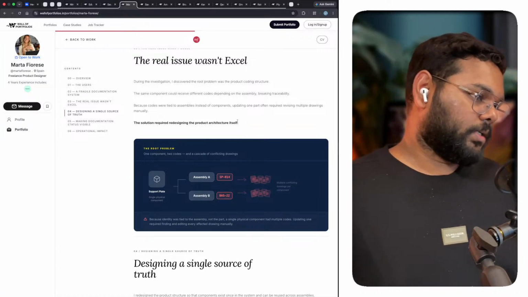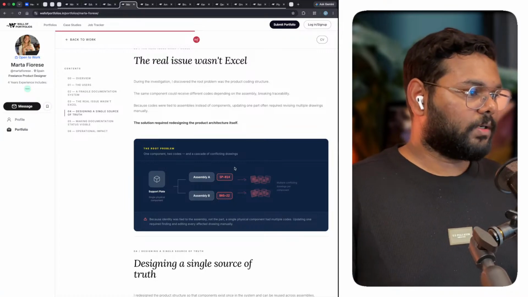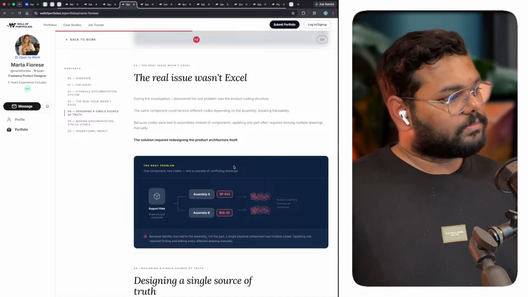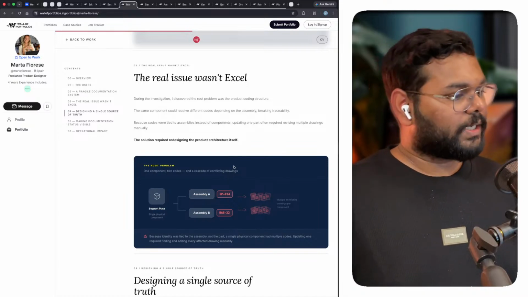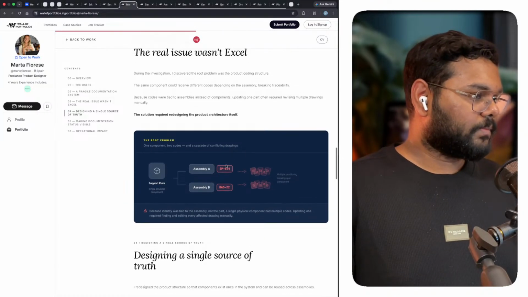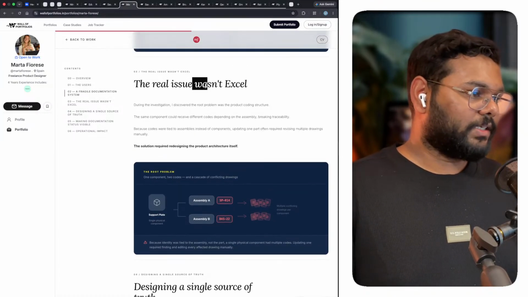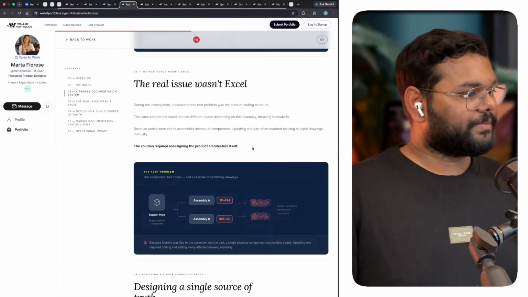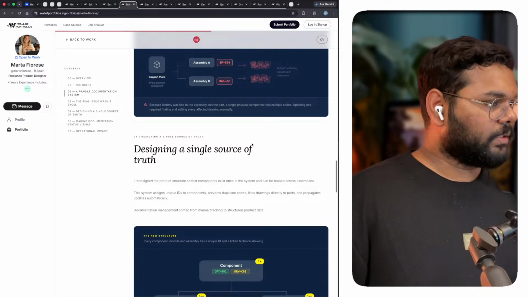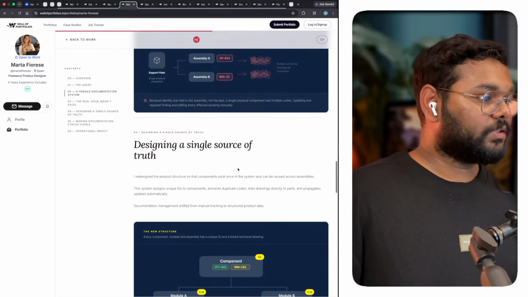Okay, but there is no proof, or maybe you didn't tell me, what was the actual problem, like how you defined it. There is a hierarchy issue for sure. And okay, designing a single source of truth.